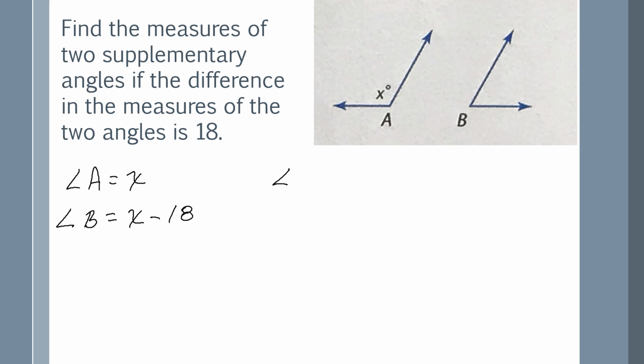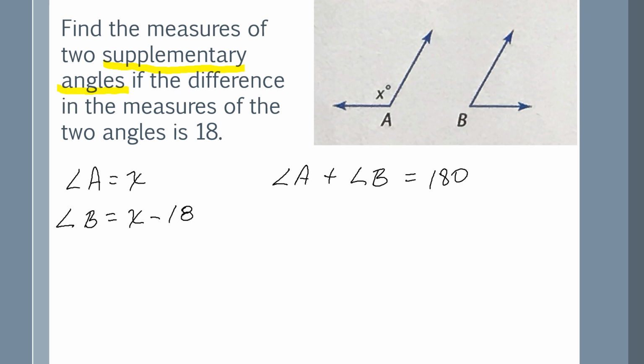We're going to say angle A plus angle B is equal to 180. The reason we can do that is because these two angles are supplementary angles, so we know they add up to 180.